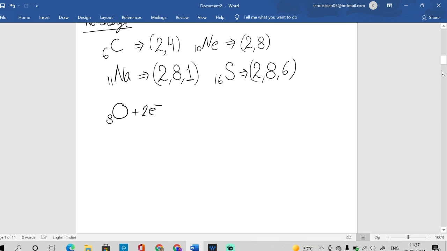If it gains 2 electrons, it converts to O with 2 negative charge, indicating that 2 electrons have been gained by this oxygen atom. So its number of protons remains the same, 8, but electrons will now be 10. If you write the electronic configuration of this ion, it will be 2, 8, because now a total of 10 electrons are present there.